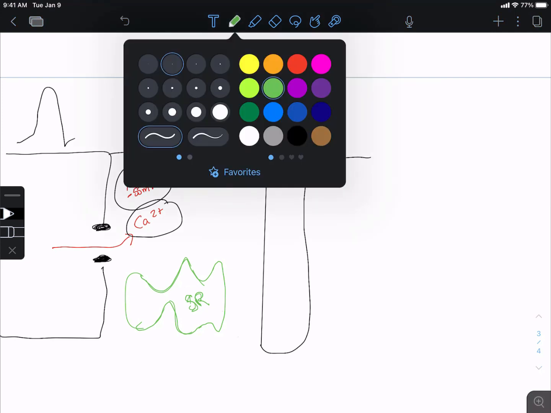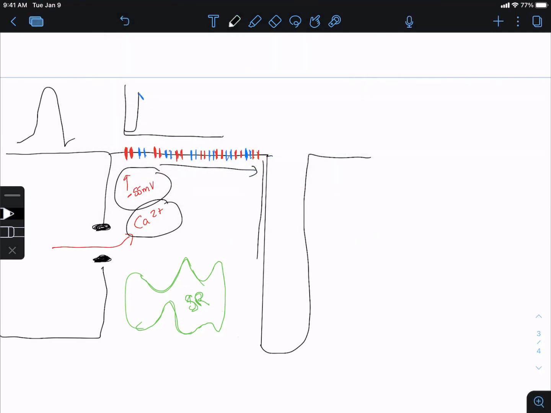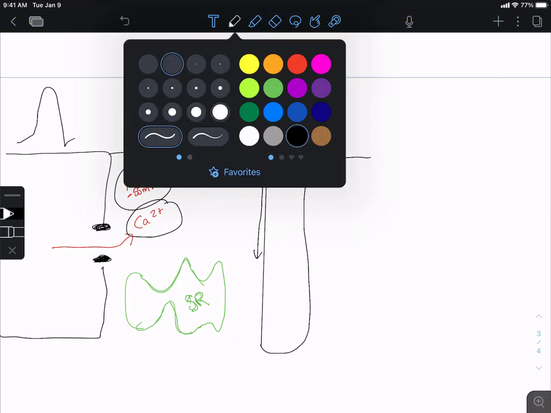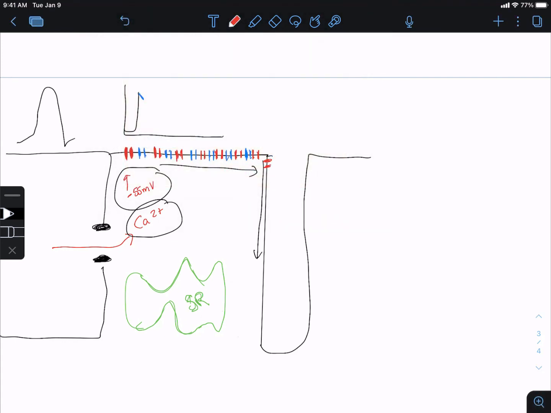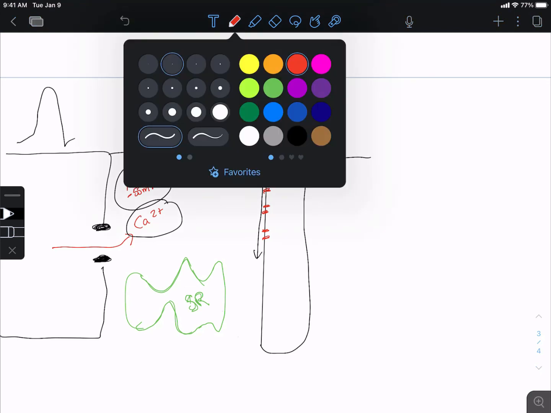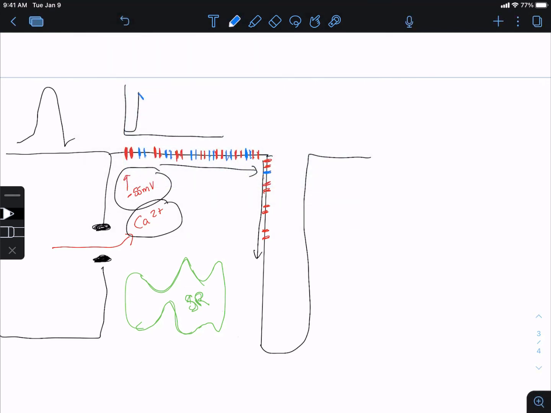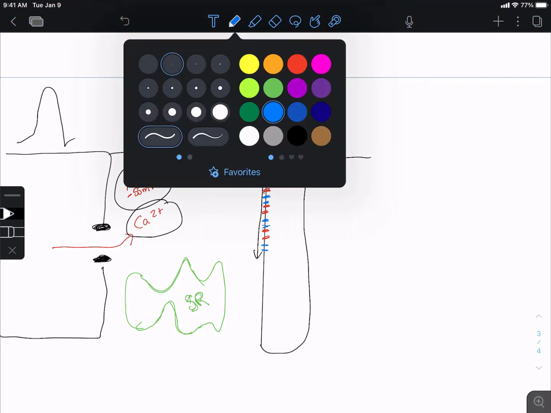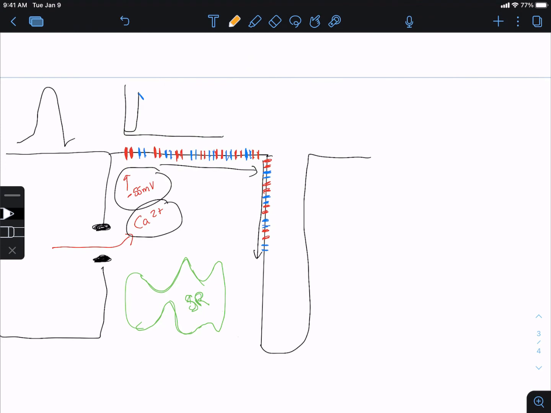As the action potential travels down the T tubule, and again we're going to have voltage-gated sodium channels, so scribble some of those in, and voltage-gated potassium channels, my action potential is literally going to travel along the sarcolemma and down the sarcolemma. And in skeletal muscles we would encounter a DHP receptor, but we're not in the skeletal muscle anymore, and so instead we're going to encounter a lovely protein called the L-type calcium channel.